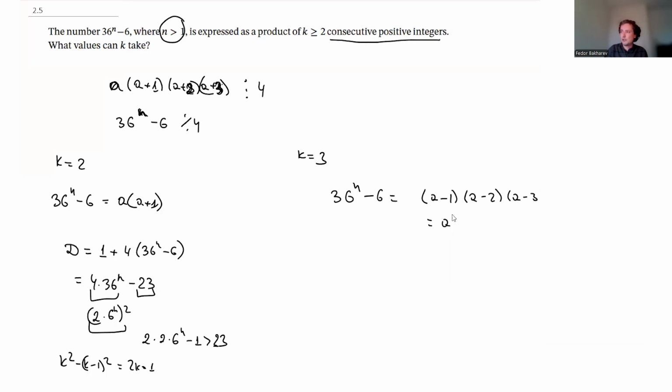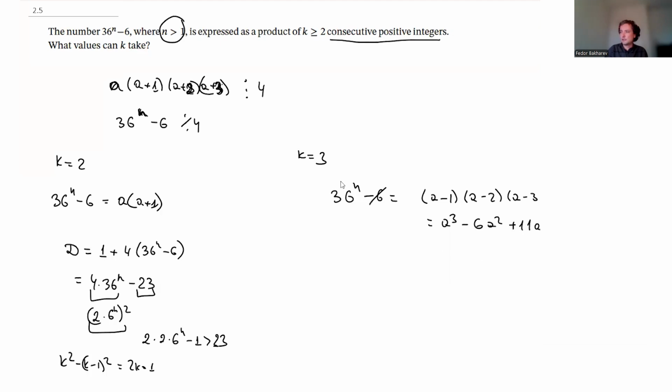So this will be a cubed minus 6a squared plus something times a. It will be 6 plus 2 plus 3, so it will be 11a minus 6. So this 6 will disappear here.